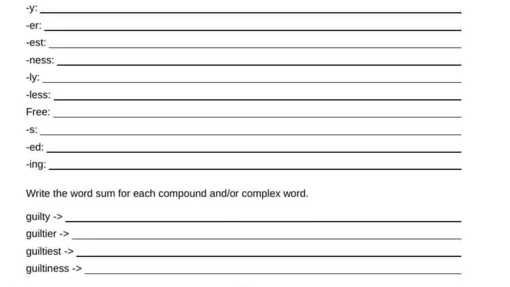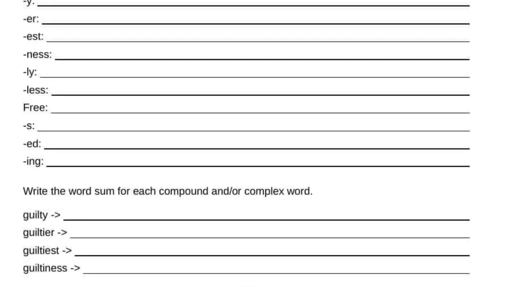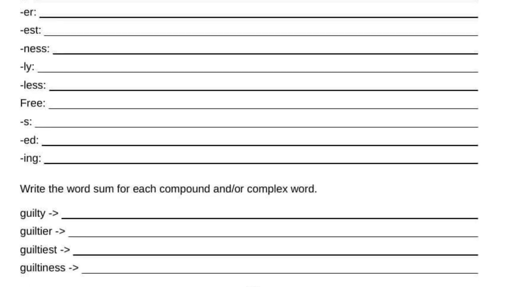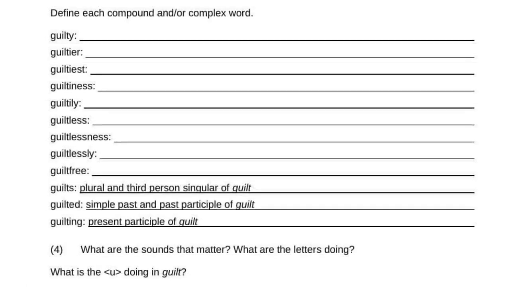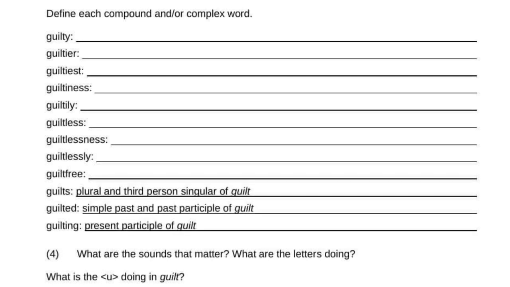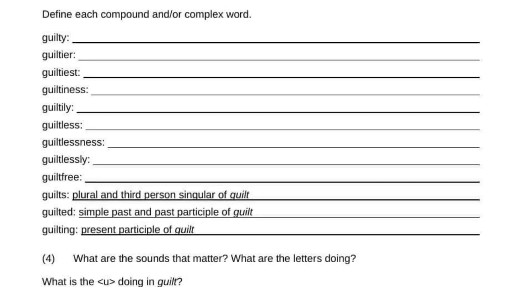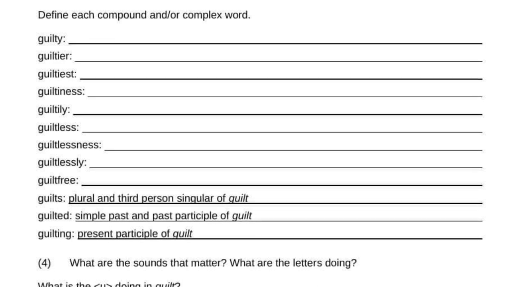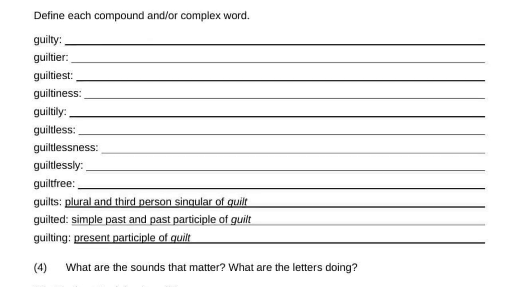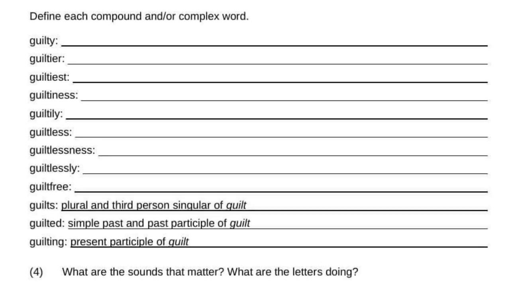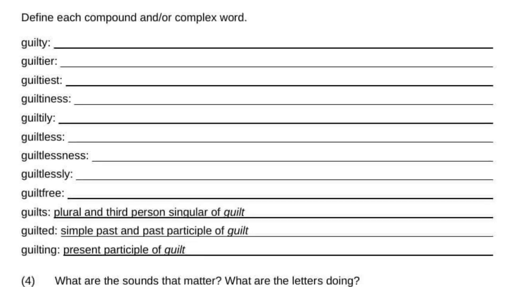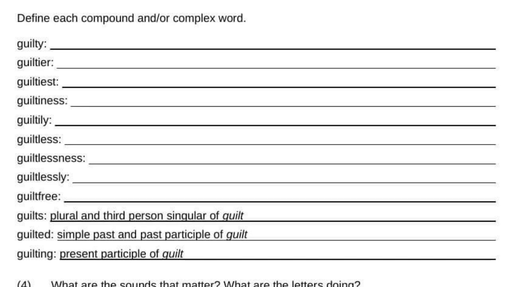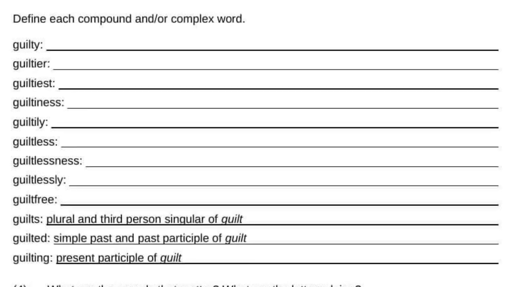In the third section, the student writes the word sums for the words in the morphological family. In the fourth section, the student defines all the morphological relatives. The 4 sections focus on the morphological word family built from the base. Instead of learning the spellings of words in a random list, the student builds knowledge of related words, thus further learning how the English spelling system works.